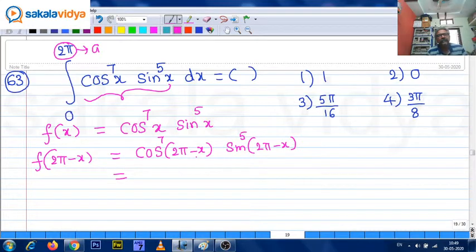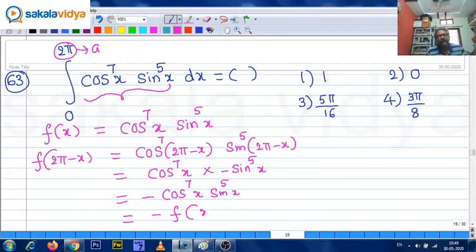Cos 360 minus x is cos x, so this is cos x to the power of 7 multiplied by sin 360 minus x, which is minus sin x, to the power of 5. This equals minus cos x to the power of 7 into sin x to the power of 5, which equals minus f of x. Therefore, directly, using the formula I have already repeated several times, the answer is 0. Second option is the right option.